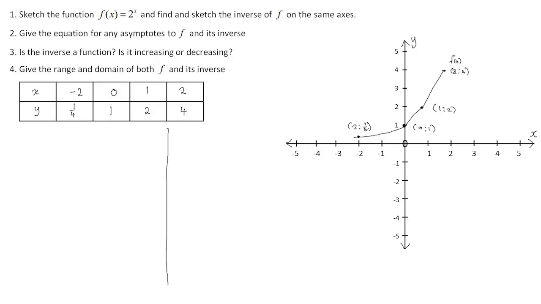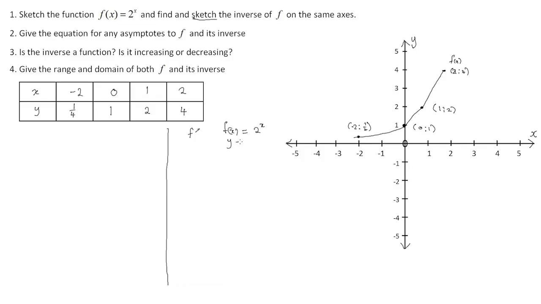Right. Okay, so there we have the function. We have sketched that function, and let's look at finding the equation of the inverse. Remember, we changed our x and y values, so we have f of x is equal to 2 to the exponential power of x.